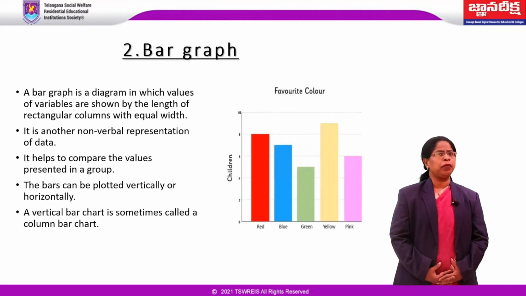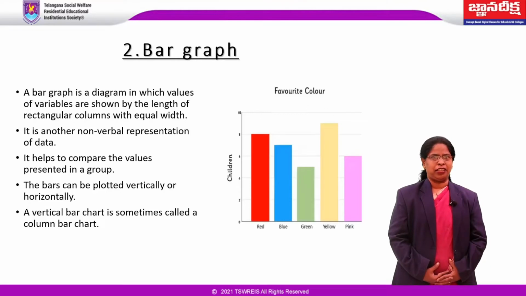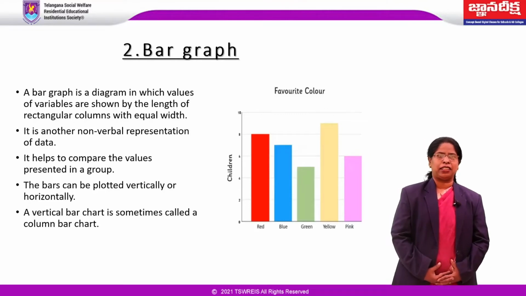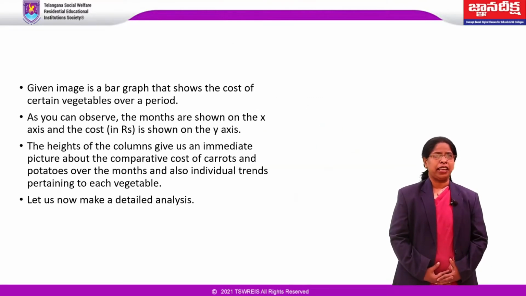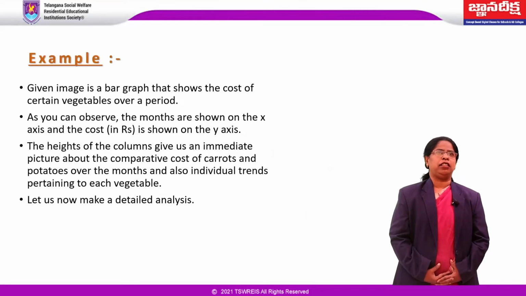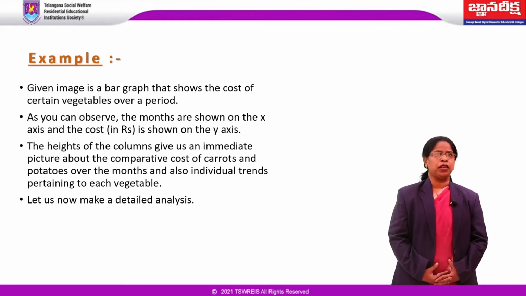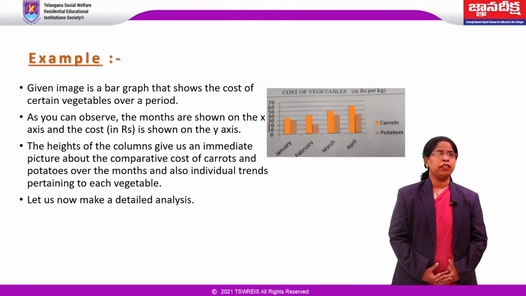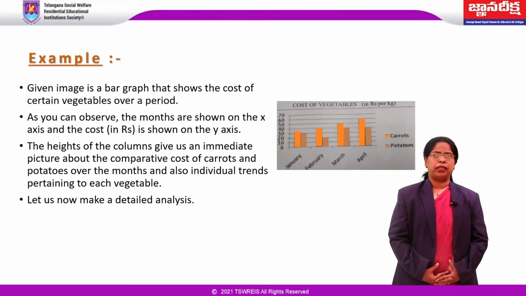The bar can be plotted vertically or horizontally. A vertical bar chart is sometimes called a column bar chart. You can look at the picture, you'll understand. Example from the text. The given image is a bar graph that shows the cost of certain vegetables over a period.